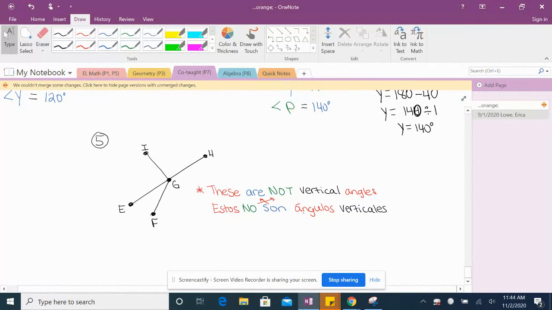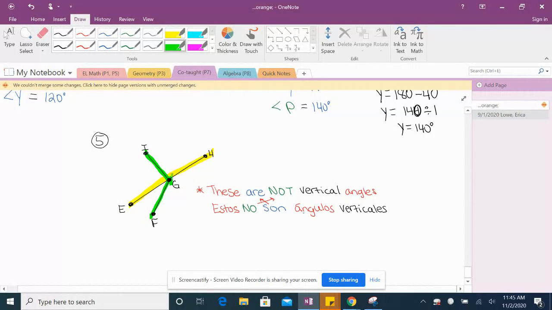Number 5 is an example where we do not have vertical angles. Número 5 no es un ejemplo de ángulos verticales because we cannot form an X, porque no podemos formar una X. Porque mire, si esta línea es así, pero va aquí.